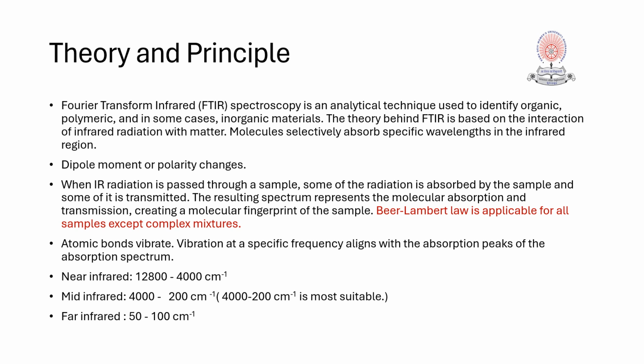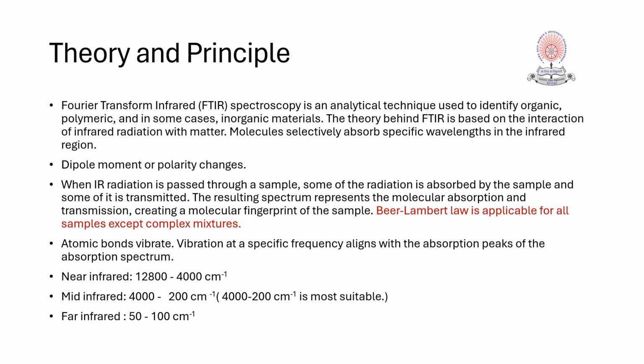Beer-Lambert's law is applicable for all the samples except for complex mixtures. FTIR is a vibrational spectroscopy. So, after absorbing the IR light, the atomic bonds vibrate. Vibration at specific frequency aligns with the absorption peaks of the absorption spectrum.